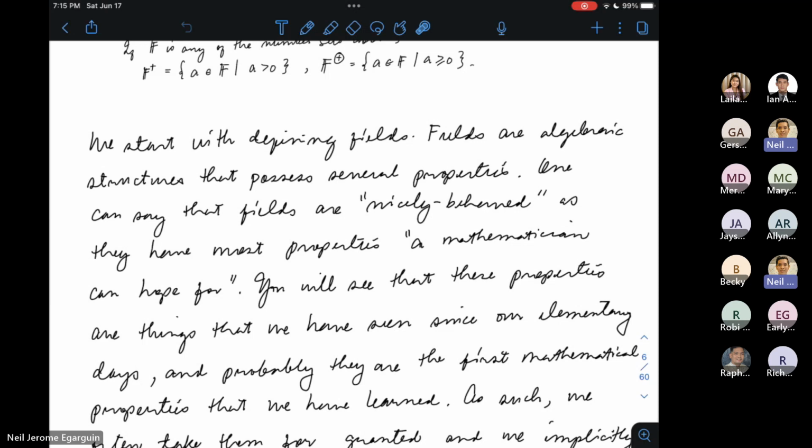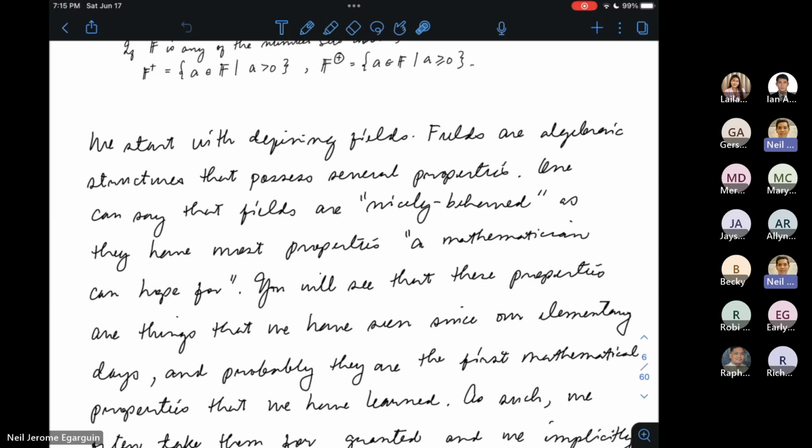Kasi alam natin mag-solve ng equations over integers or over natural numbers, over real numbers. Pero ang matututunan natin sa abstract algebra ay pag pala yung properties na yon na meron yung real numbers, rational numbers, etc. ay binigay mo sa isang set ng kahit anong objects, pwede pa rin pala tayo mag-solve ng equations gamit yung mga objects na yon.